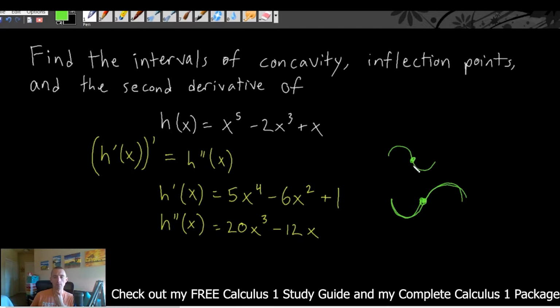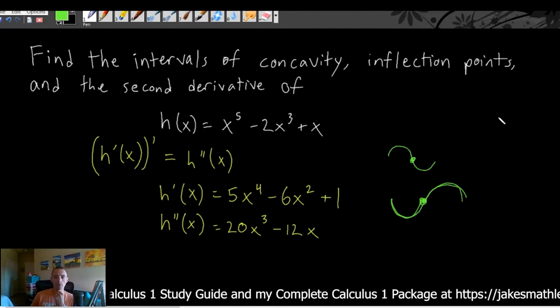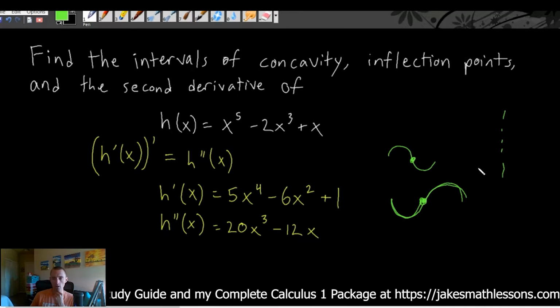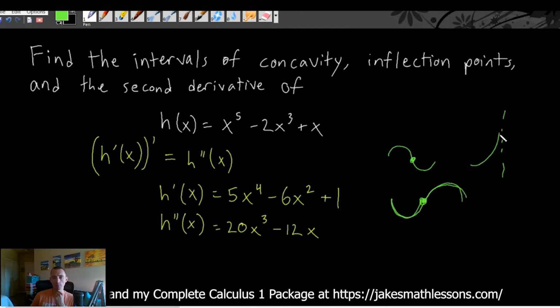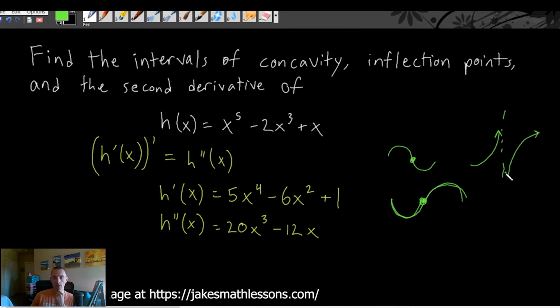Now, this relies on the function actually being continuous around that point. What I mean by that is, let's say we have a vertical asymptote of a function, okay? And we are concave up to the left of it, and then we're concave down to the right of it. This x value right here wouldn't really be an inflection point though. It's kind of weird.